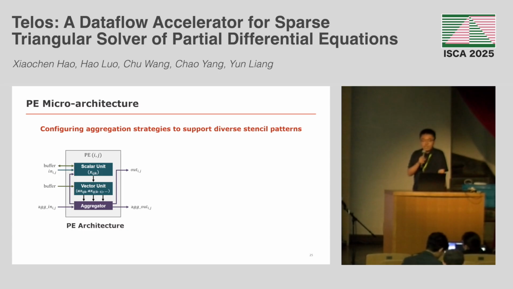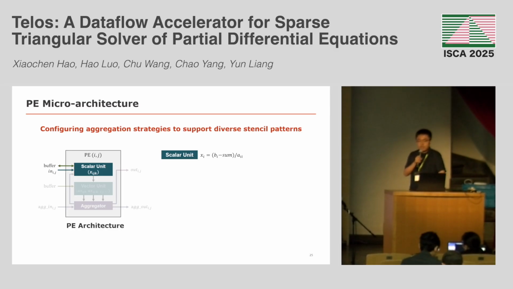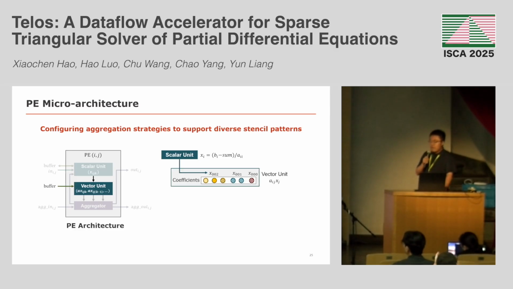Our PE architecture is specialized for the computations within SpTRSV. First, a scalar unit is responsible for solving variables using values from the buffers or the neighboring PEs. Next, a vector unit computes multiple product terms in parallel.